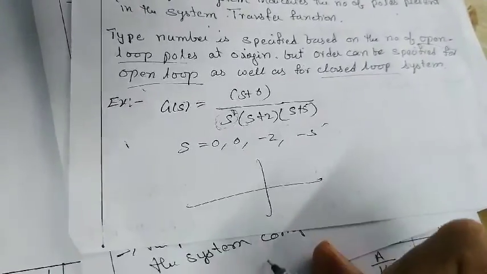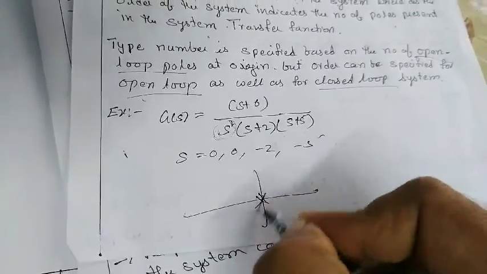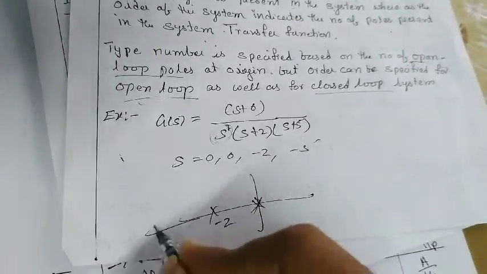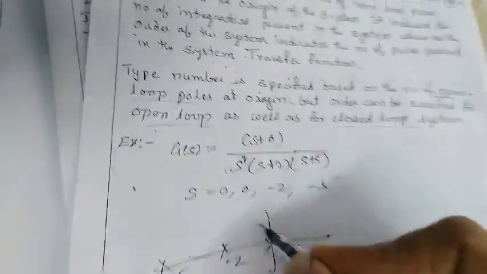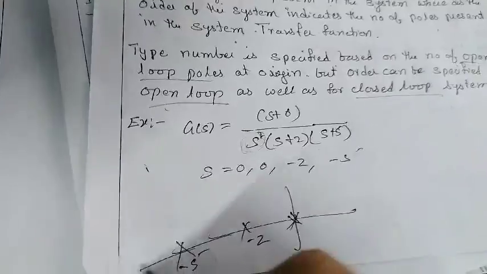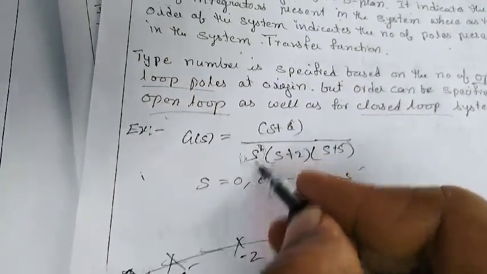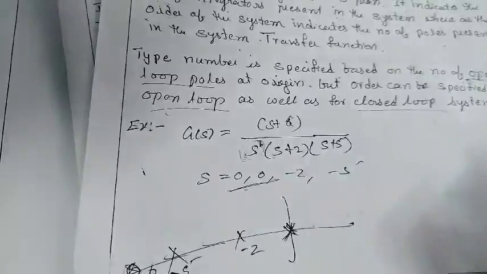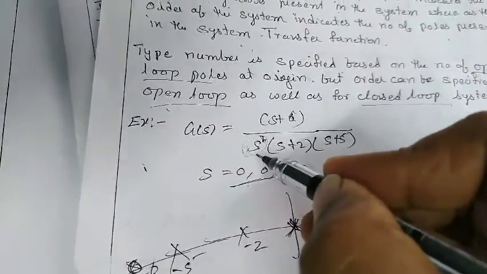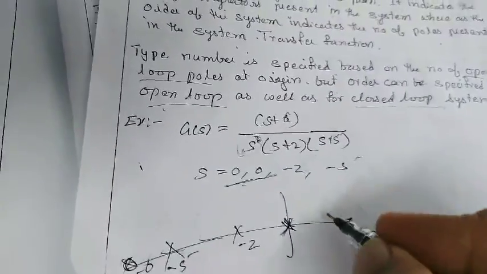If I plot in the s plane, these are the 2 poles, and the zero is at minus 6. Since I have 2 poles at the origin, this is called a type 2 system. If I have 1 pole at the origin, this is called a type 1 system.